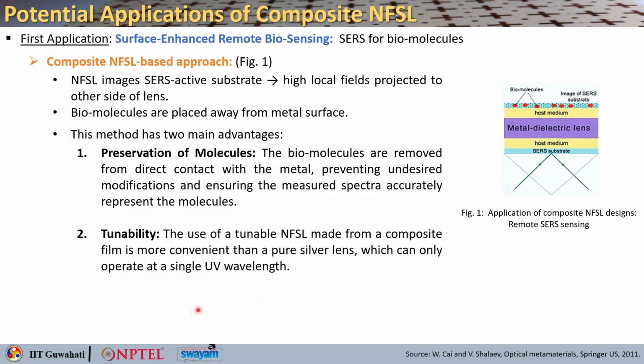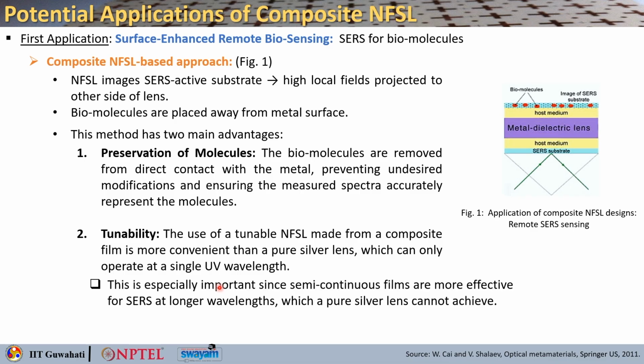So, it is much more convenient than a pure silver lens, because that silver lens works only at a particular wavelength, that is in the UV range. Okay. So, this is especially becoming important since semi-continuous films are more effective for SERS at longer wavelength, which a pure silver film or silver lens cannot achieve.